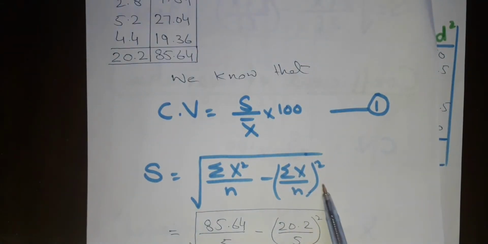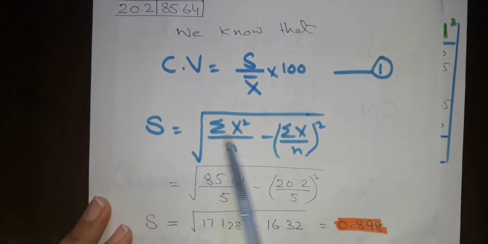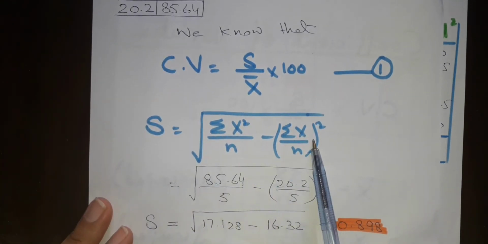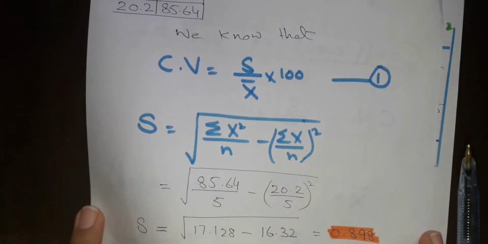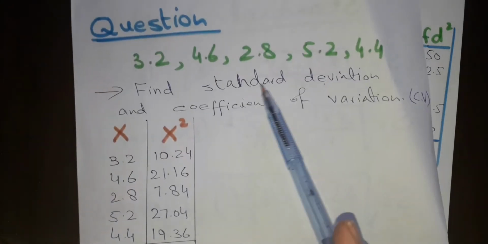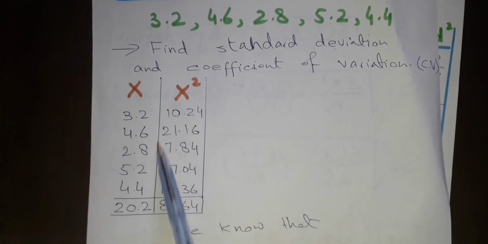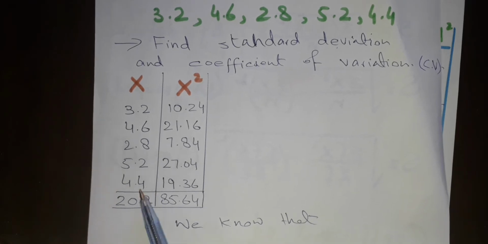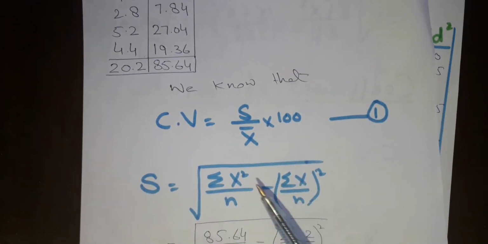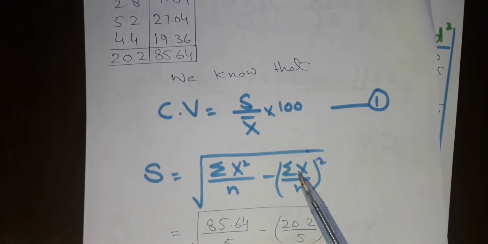So we use this one formula here, and we have to find these values, summation X square and summation X. So we need to make columns here. These are the digits given in the question, so make the column of X. What do we need next?